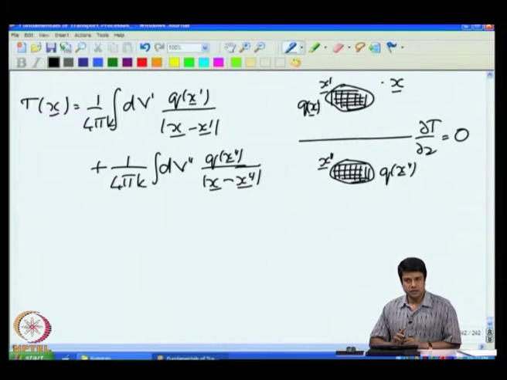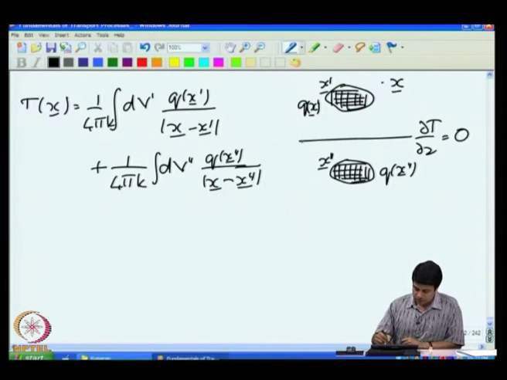So, using the concept of sources and sinks, I can use that to enforce boundary conditions as well. I can enforce 0 temperature boundary conditions as well as 0 flux boundary conditions, or mixed boundary conditions where the temperature and the flux are related by using different combinations of sources and sinks.